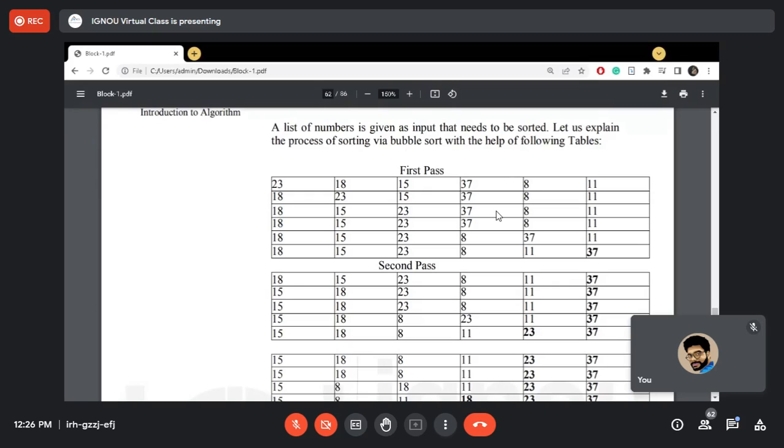Both are in the right position. Now we compare 37 with the next adjacent location, 8. 8 is less than 37, so swap the values. 8 is here and 37 is here. Then again compare 37 with 11. Again this value is less. 11 is here, 37 is here. So we got the last value as the greatest.